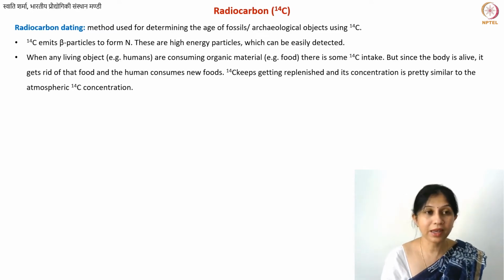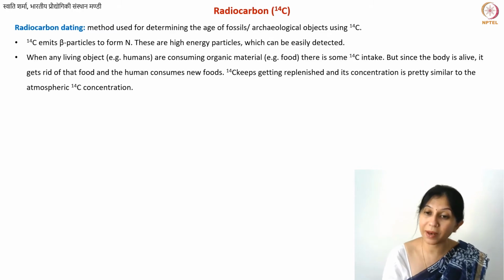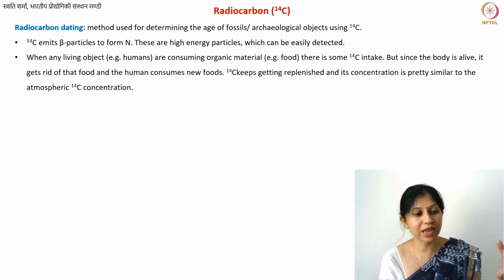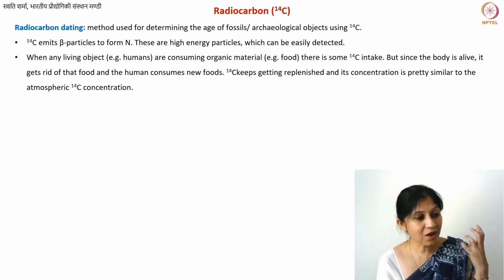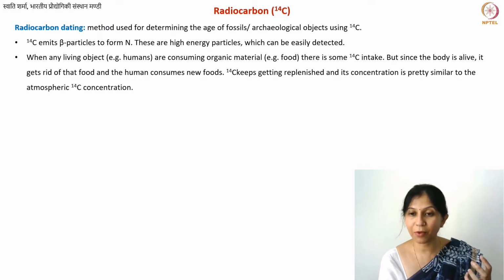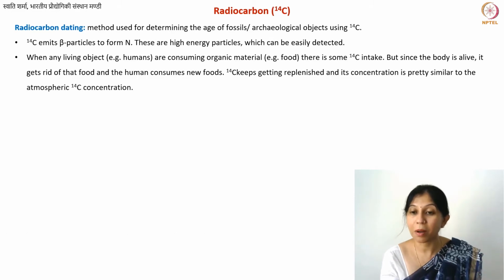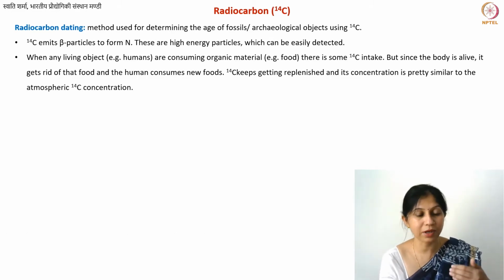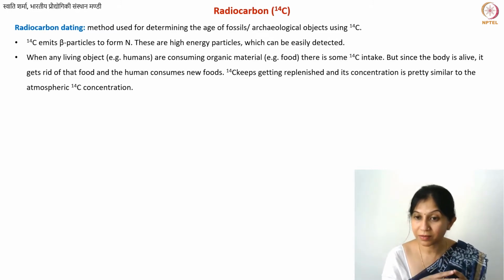Okay. So when there is any living object, whether it's humans, animals, or even plants, let's take the example of a tree. A tree would take some carbon dioxide from the atmosphere, but as long as the tree lives, it will keep on using that carbon dioxide for making whatever it needs, and then there will be some waste from the tree that will go back into the atmosphere, and then it will keep taking new carbon dioxide. So basically it will reach a steady state with the atmosphere.